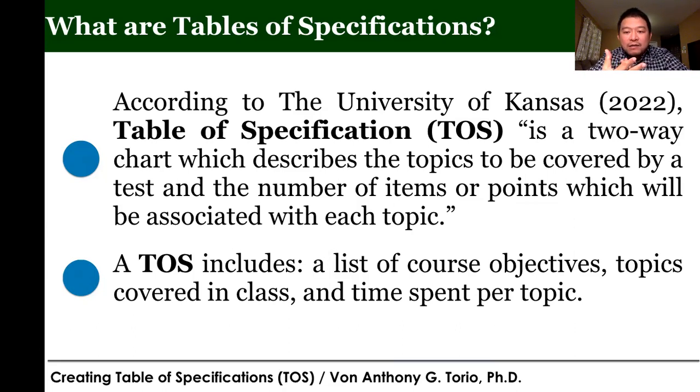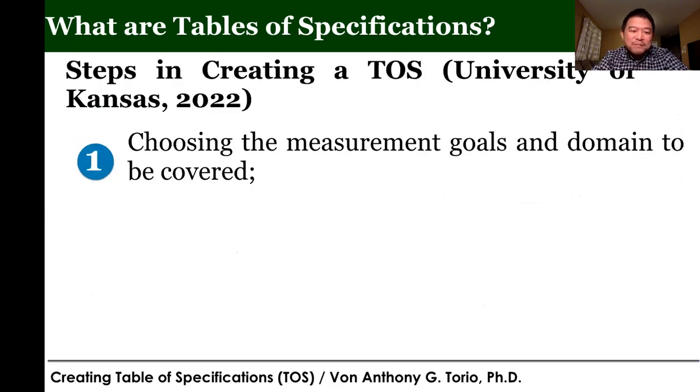Other tables of specifications actually include more details, but basically all these three elements are crucial in defining your table of specifications. According to the same reference, the University of Kansas, there are three steps that we can follow in creating our table of specifications.